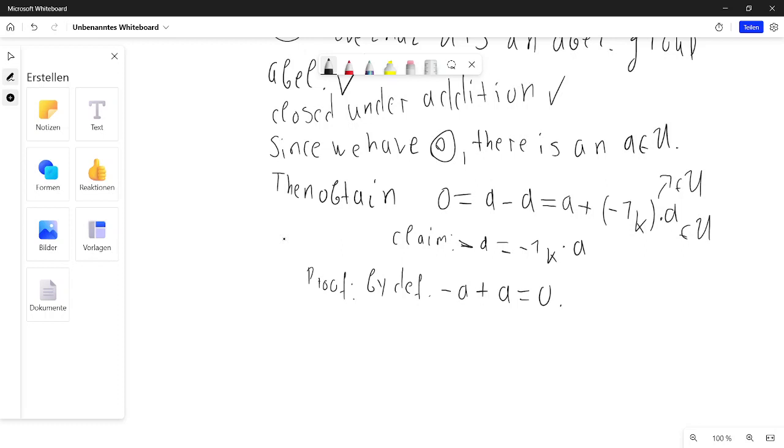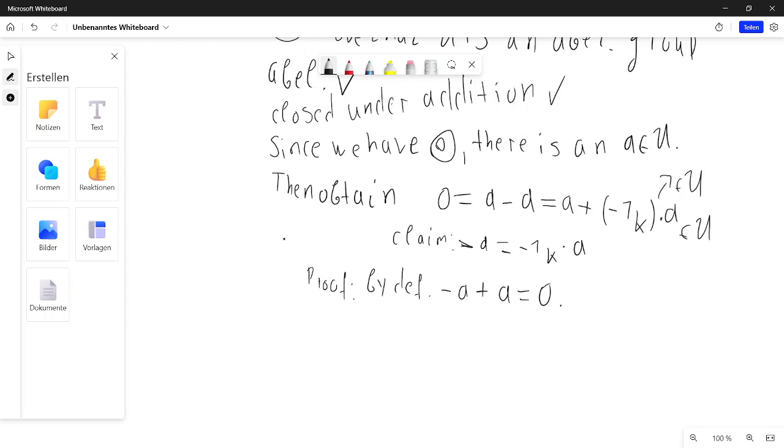We probably won't show that, but we could actually show that the minus element to the element in a group is unique, even if you assume in the definition not necessarily that it is unique, but you can then show the uniqueness. It follows from some other axioms of the group, right? But we could also assume that in the definition.